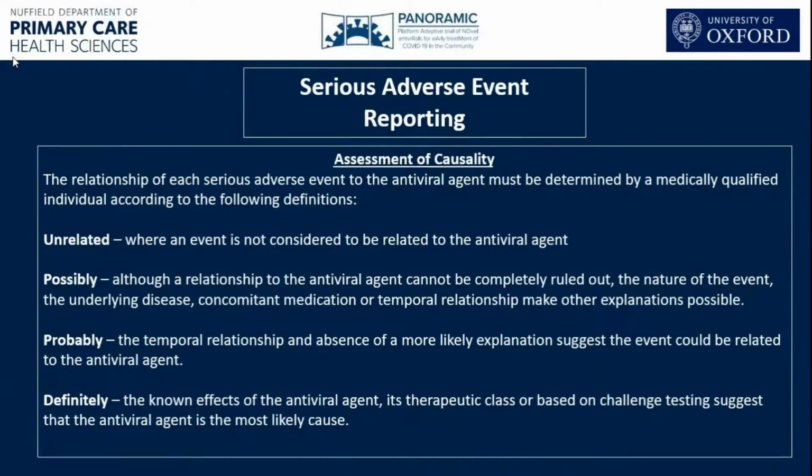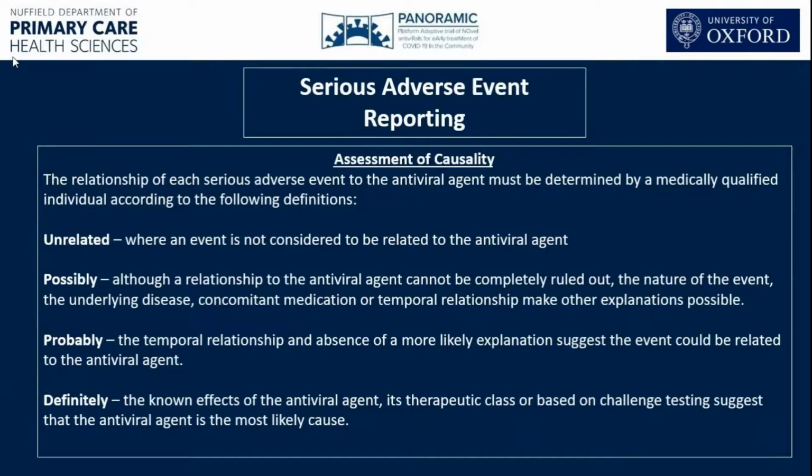So when an SAE is reported, the relationship of each event to the antiviral agent needs to be determined by a medically qualified individual according to the following definitions. Unrelated is where the event is not considered to be related to the antiviral agent. Possibly related, so although a relationship to the antiviral agent cannot be completely ruled out, the nature of the event or underlying disease may make other explanations possible.